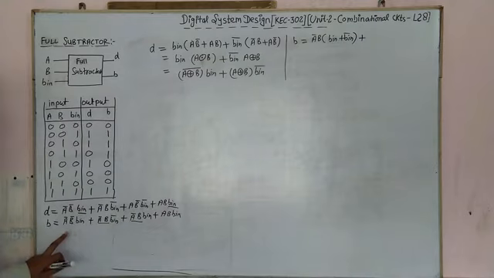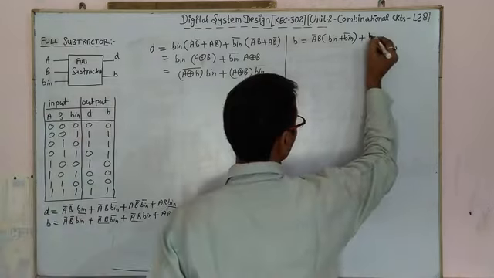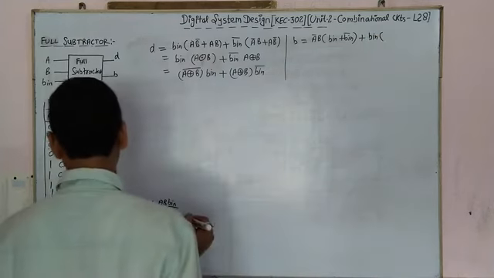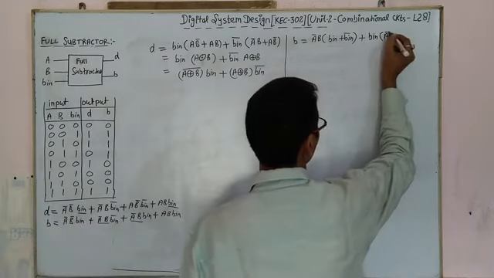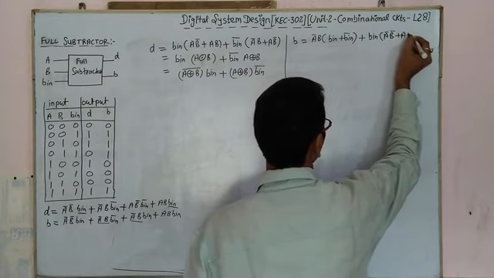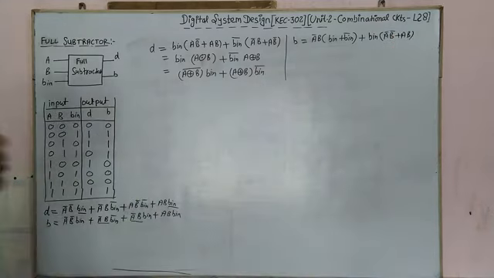After that take B in common: B in times (A B bar plus A bar B... that is, A B plus A bar B bar).